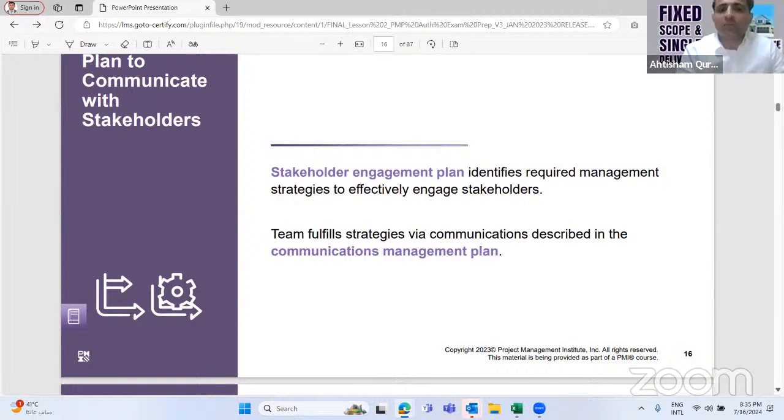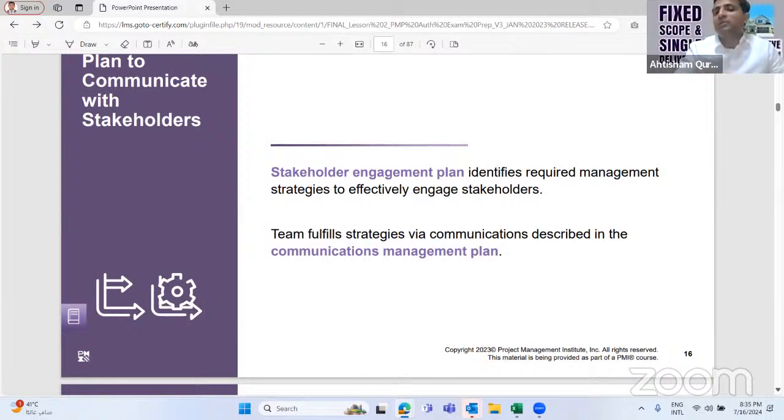Okay, so remember, we talked about two plans as well when we started today's lecture, and specifically we started the stakeholder identification and engagement, that we need to prepare our stakeholder engagement plan and we need to prepare our communication management plan.